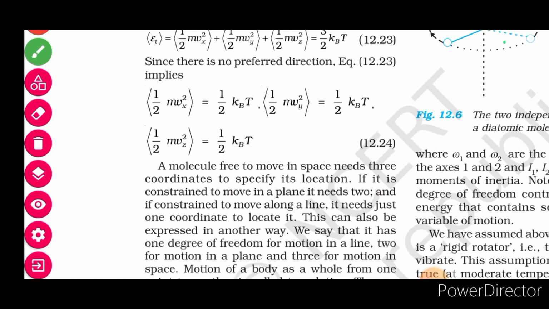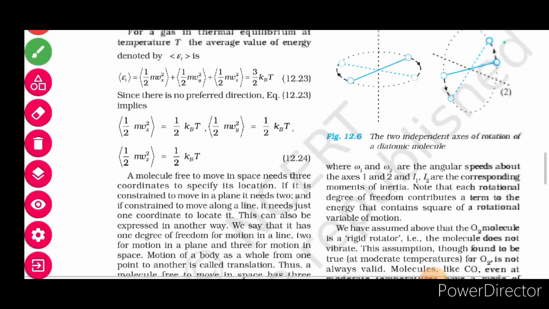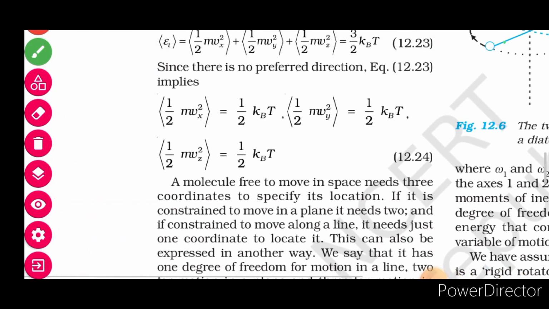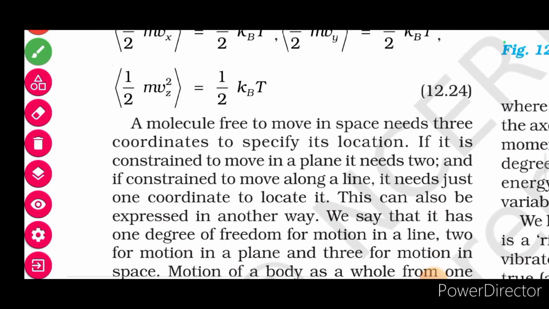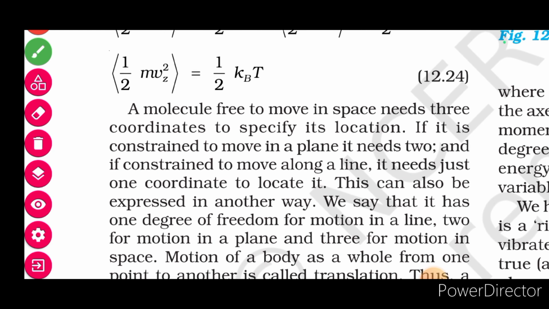A molecule free to move in space needs three coordinates to specify its location. If it is constrained to move in a plane, it needs two, and if constrained to move along a line, it needs just one coordinate to locate it.